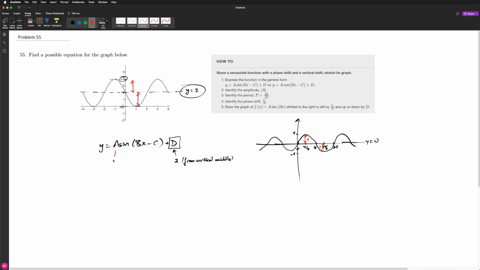That's the vertical stretch. They're easy to find. The tricky part usually is what goes into sine, the horizontal transformation.